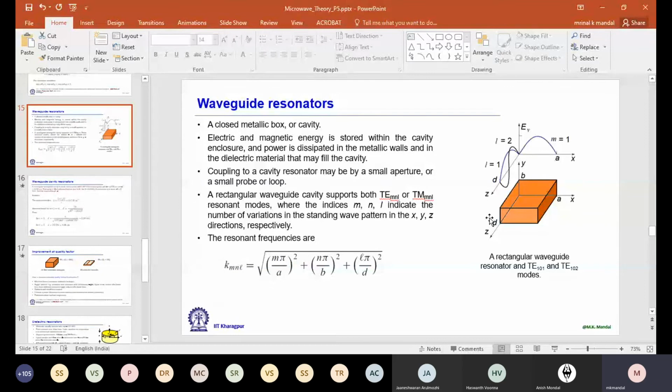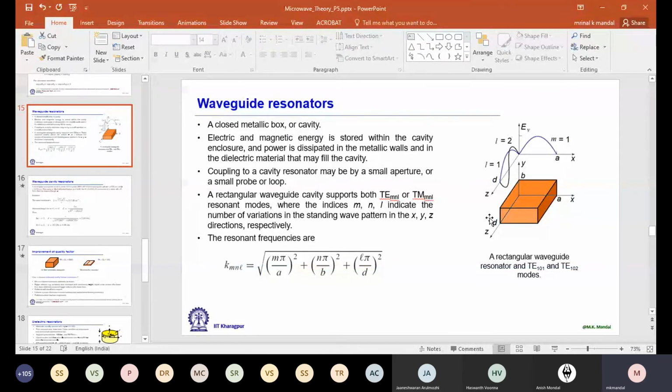Why? Now we are going in two directions, along x and along z. You already did the simulation study in experiment 1, and we see that the guided wavelength lambda g is determined by the dimension of the waveguide and the frequency, as there is one parameter, the broadside dimension, in the expression of wavelength.